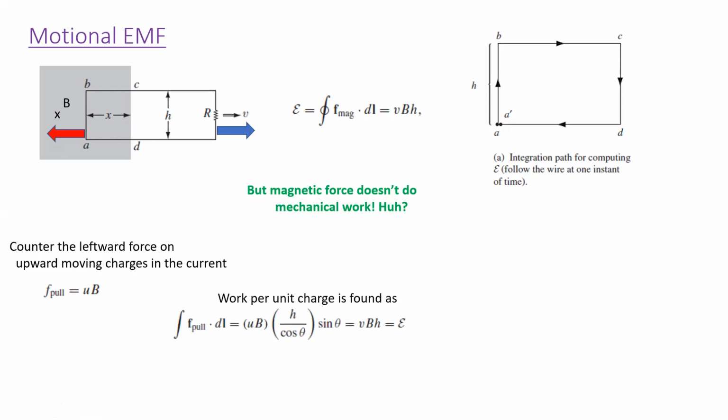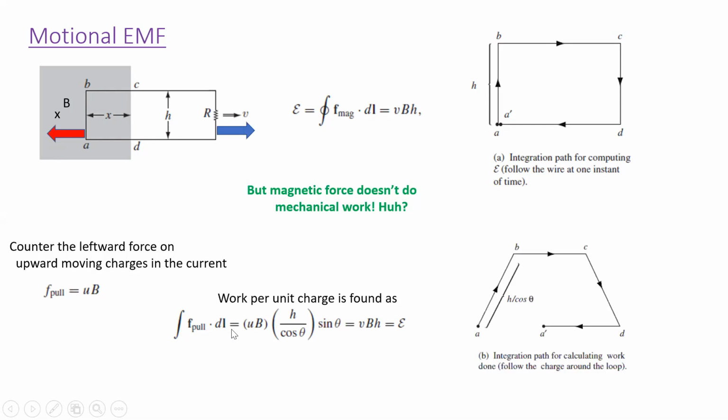So this pulling force, if we integrate it over to see how much work is done, we have to realize that we integrate it over a different path here, because the charge itself is going to be moving simultaneously to the right because the whole frame is moving to the right, but also up because it's moving up in this branch of it.